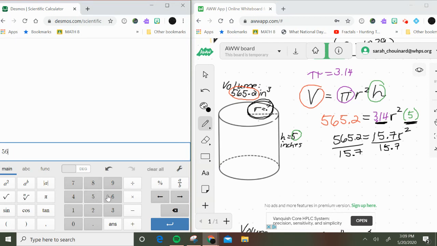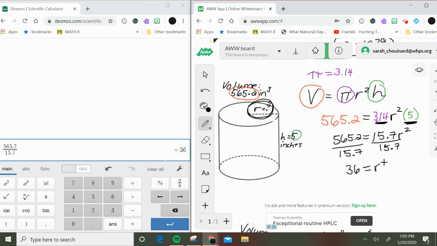So 565.2 divided by 15.7 gives me 36. So 36 is equal to r squared, and since r is being squared, I have to take the square root of both sides, and I know the square root of 36 is 6, so the radius of my cylinder is 6 inches.